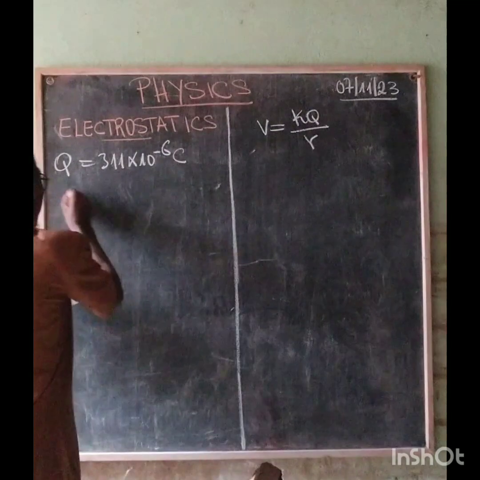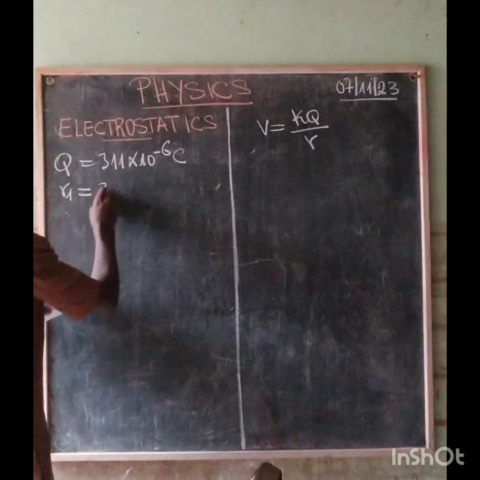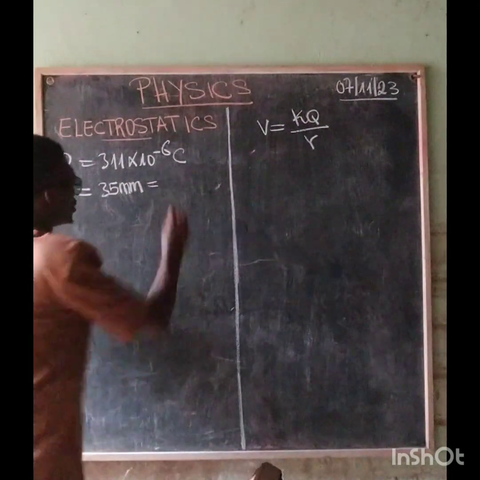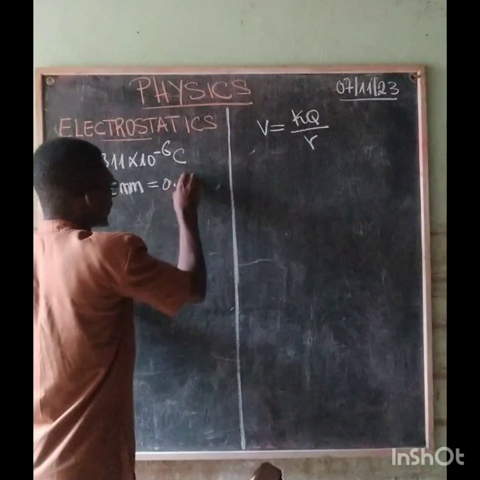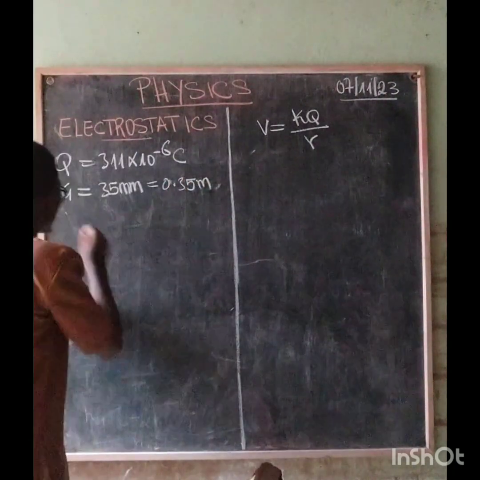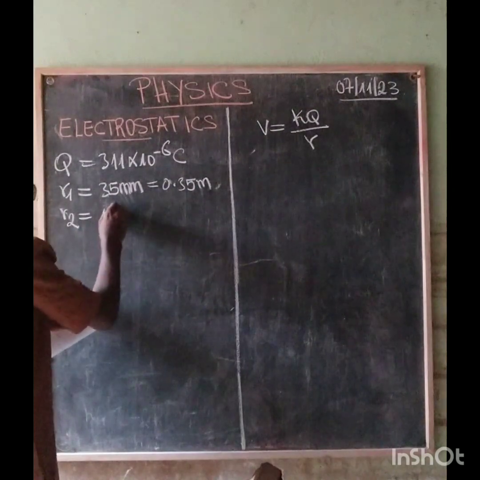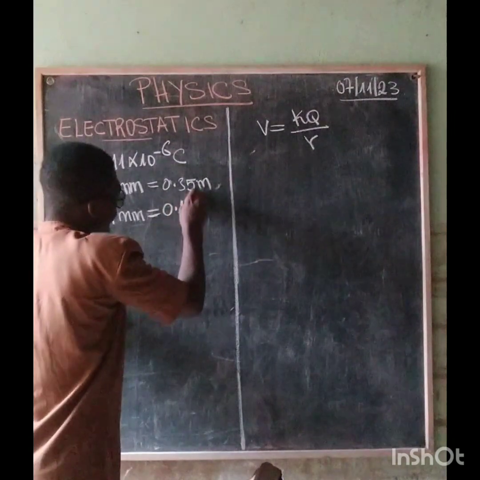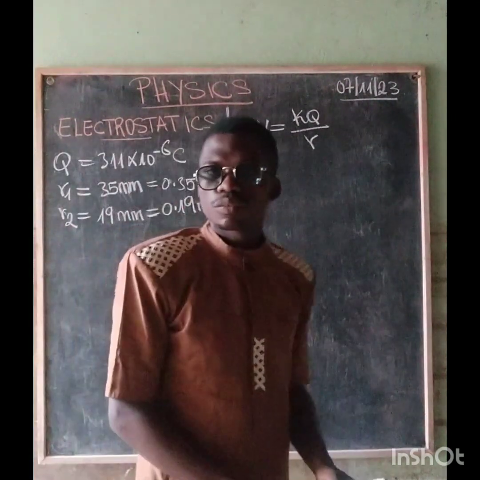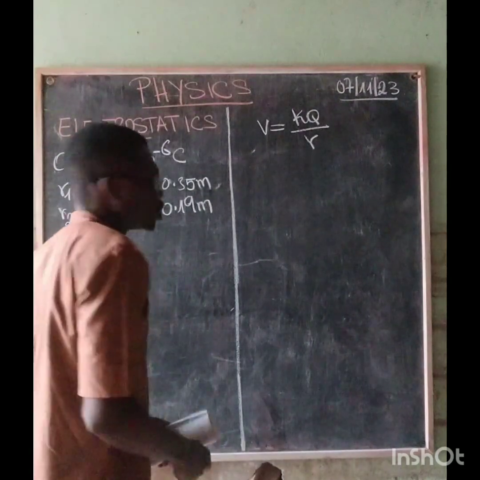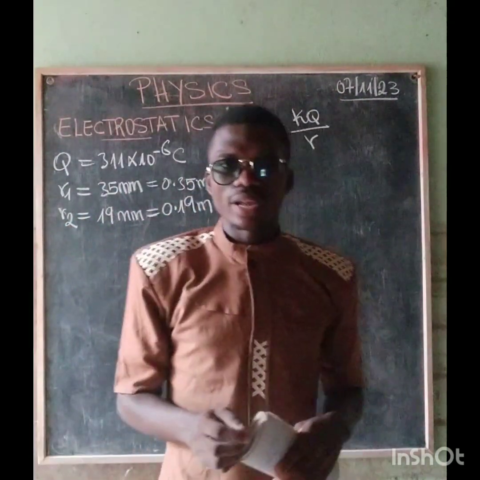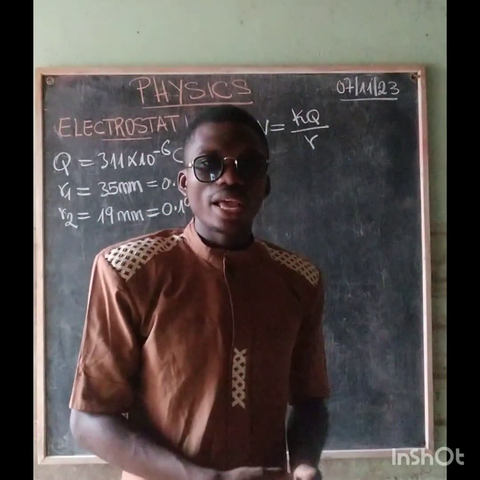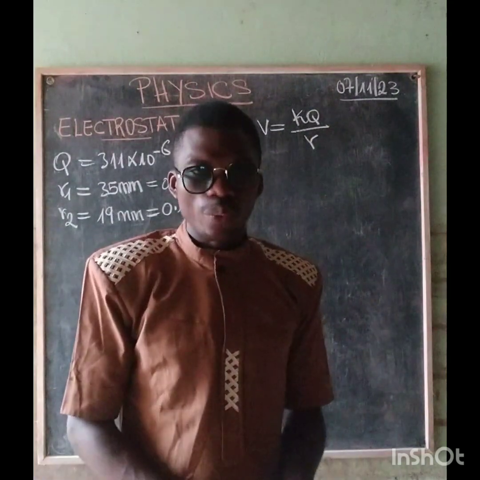So we are going to have R1 as 35 millimeters, which is the same as 0.35 meters, and R2 as 19 millimeters, which is the same as 0.19 meters. To calculate the change in electric potential, we need to first calculate the initial electric potential and the final electric potential, and then we take the difference.